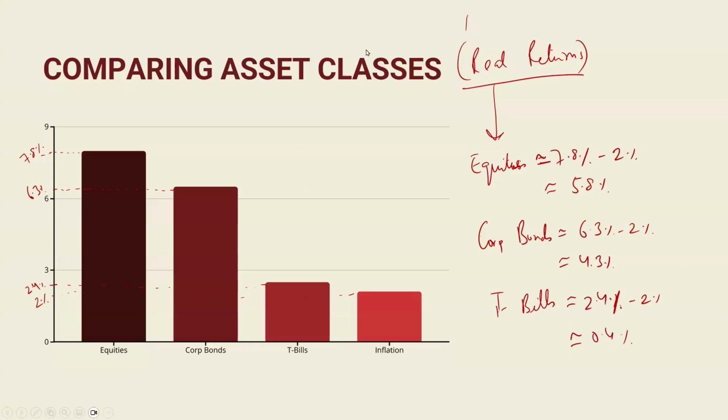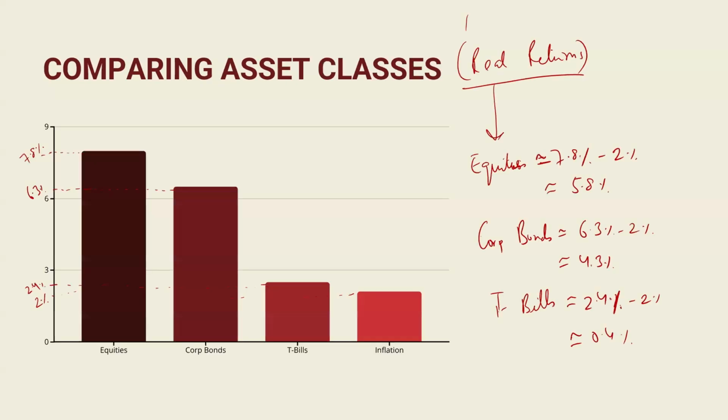Okay. Now we have just calculated the approximate real returns from this graph. Now, what are risk premiums? We discussed different kinds of risk premiums in the beginning today, but from this graph, we can establish some premium. Premium is basically the difference between two returns. And generally, when we talk about premium, it is a compensation over the risk-free rate. And what is the best proxy for risk-free rate? The T-bill rate.